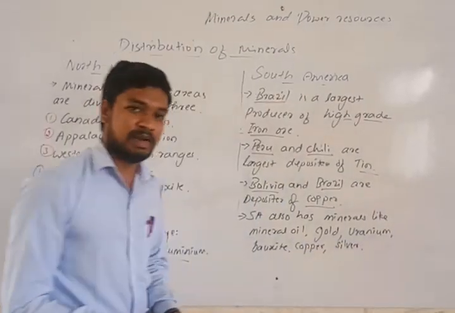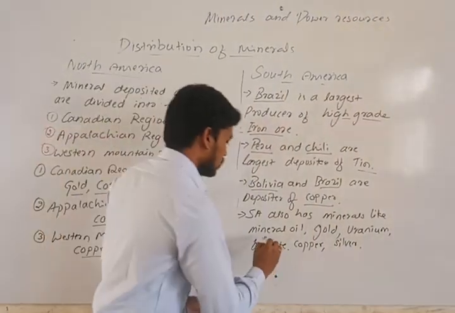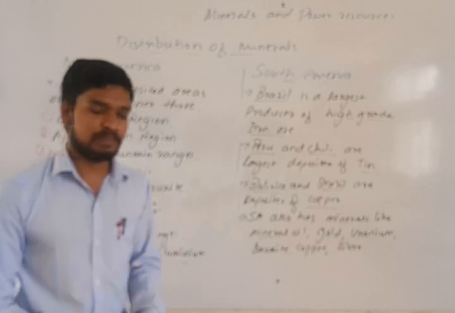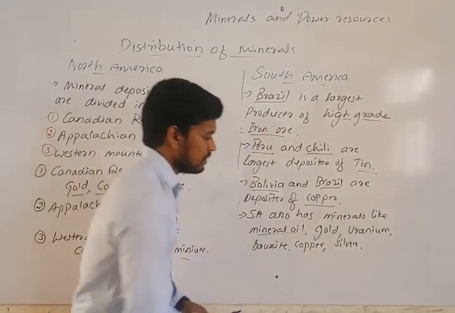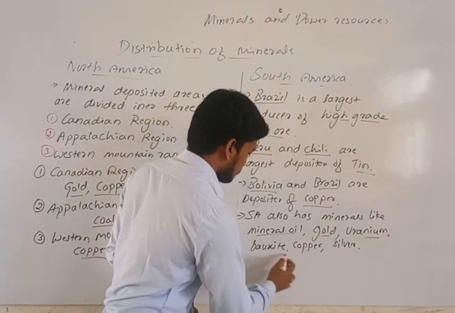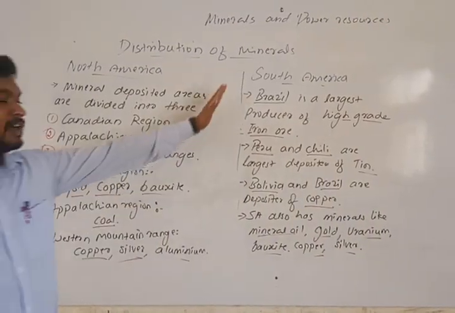Apart from copper, tin and iron ore, mineral oil, petroleum and diesel are also found here. Then the gold and uranium, bauxite and silver. These are the other important minerals found in South America.